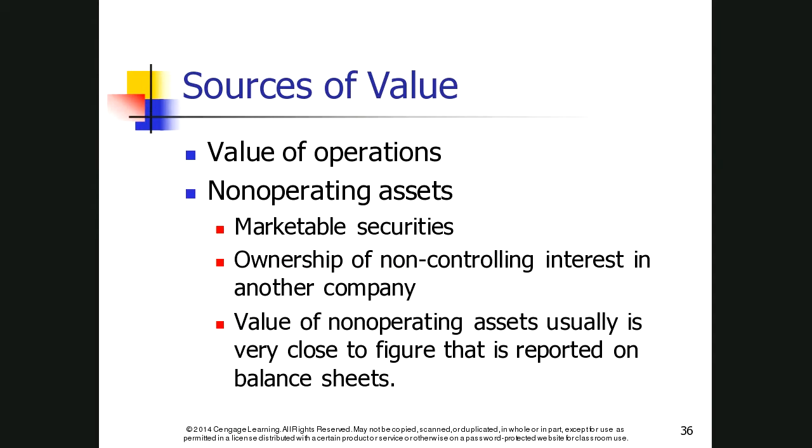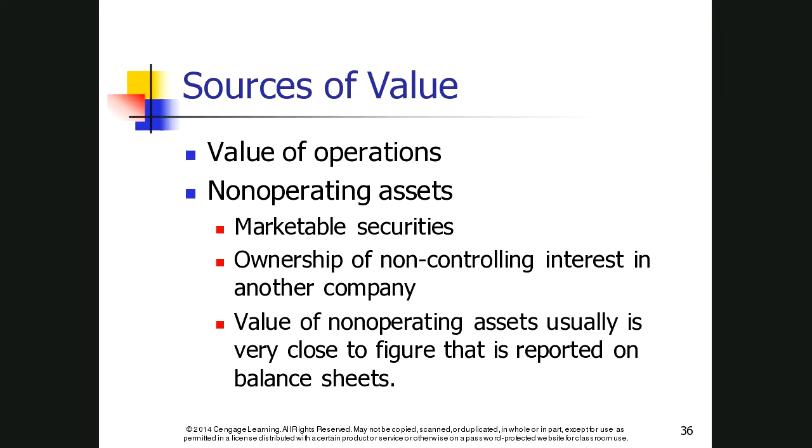Okay, so some part of the value, again, can come from marketable securities, so they can hold other companies' stocks and bonds and things like that. And it can come from the ownership of non-controlling interest.